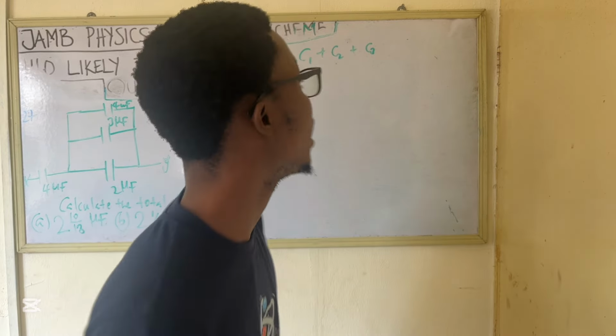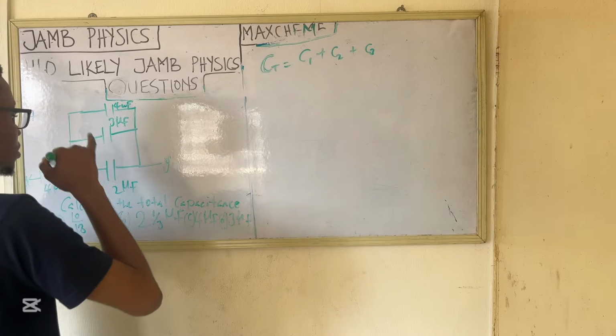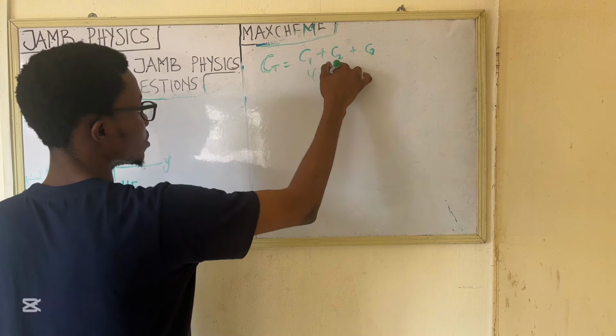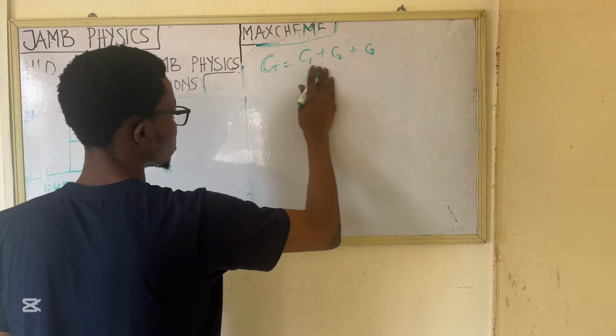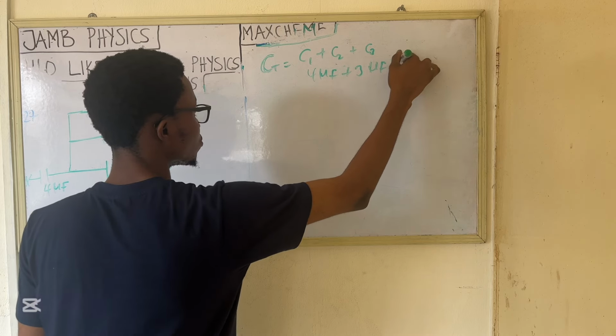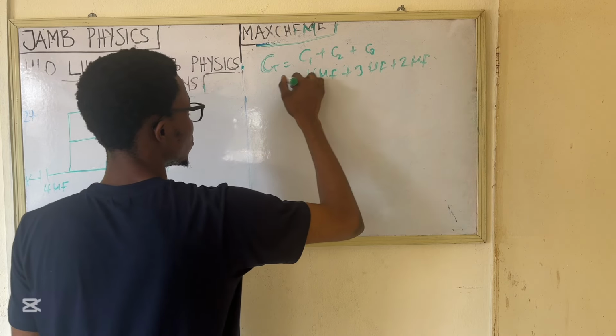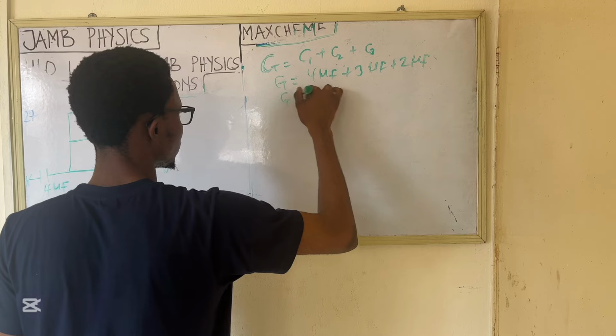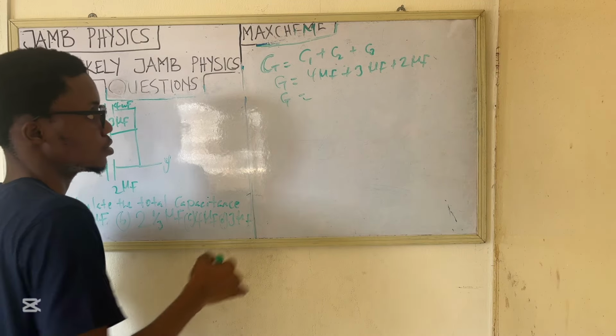So in this case, 4 microfarad plus 3 microfarad plus 2 microfarad. So what will be our total capacitance for our parallel arrangement?